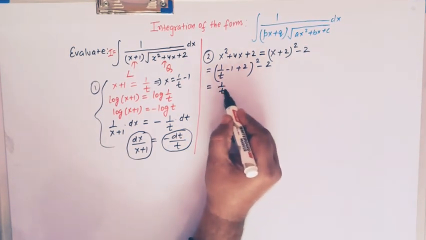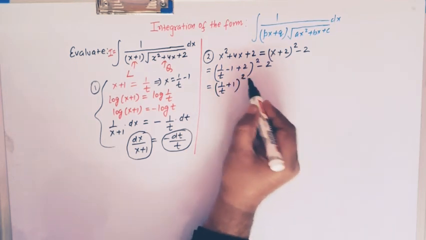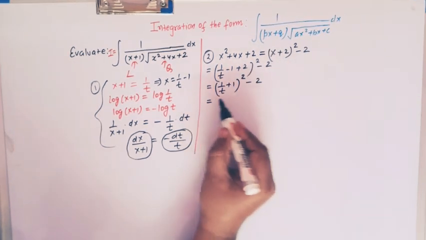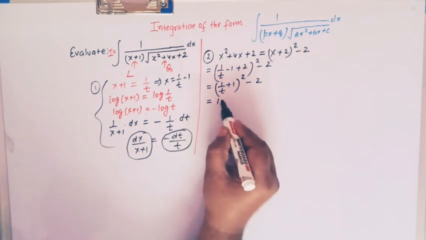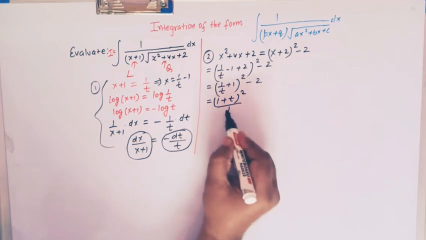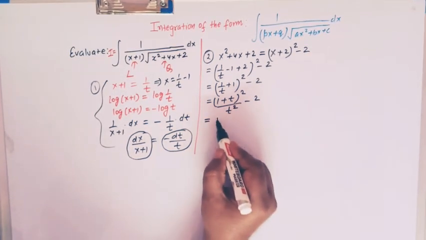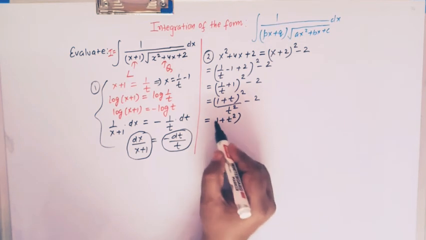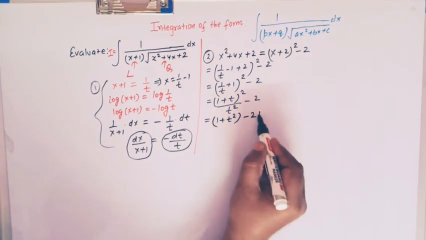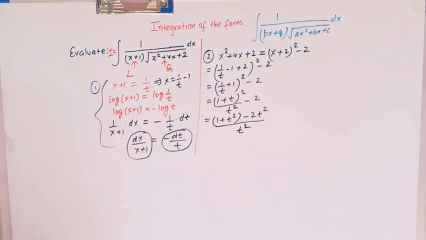So we have (1 over t, 2 minus 1 is plus 1) whole square minus 2. Now we can write it as (1 plus t) whole square over t square minus 2, and we can further write it as ((1 plus t) square minus 2t square) over t square.